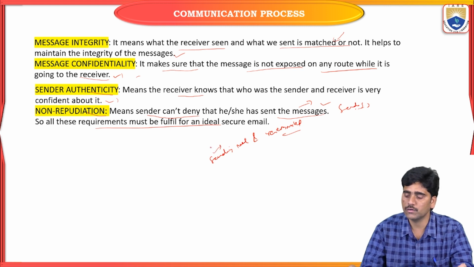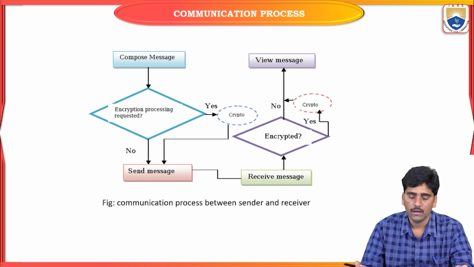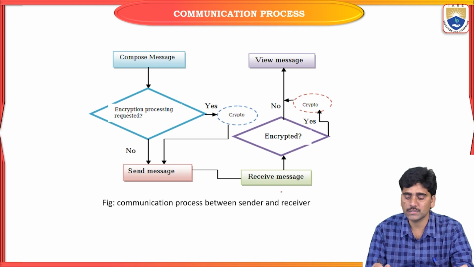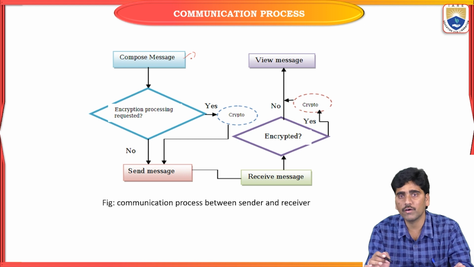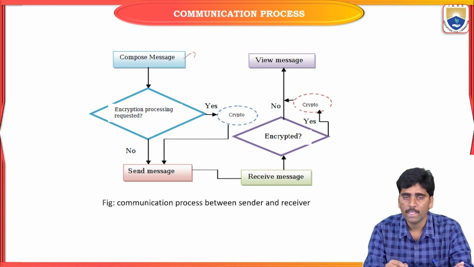Here is the communication process between sender and receiver. This is composing mail, which is available in the mail option. Before sending the mail to the receiver side, we have to encrypt the message. So the encryption process is requested.